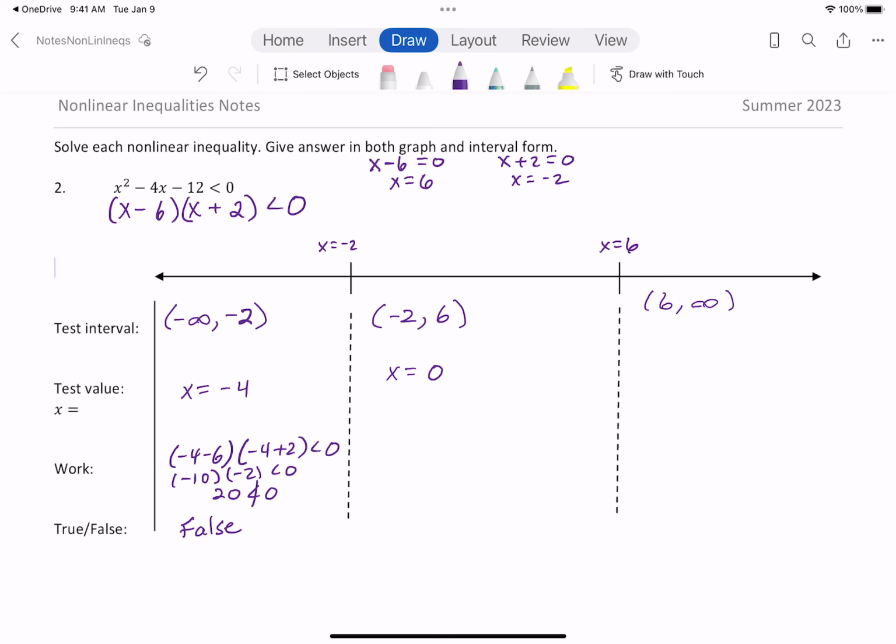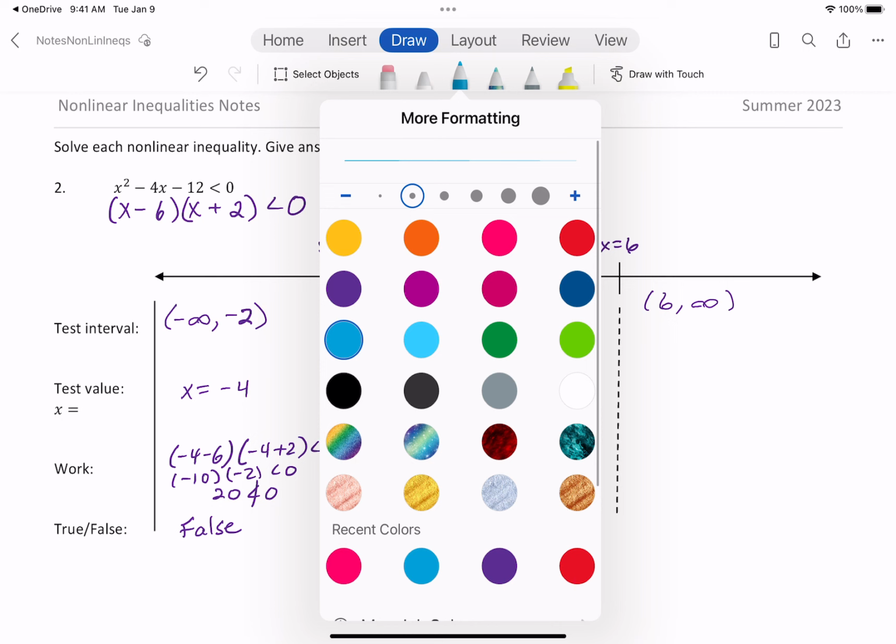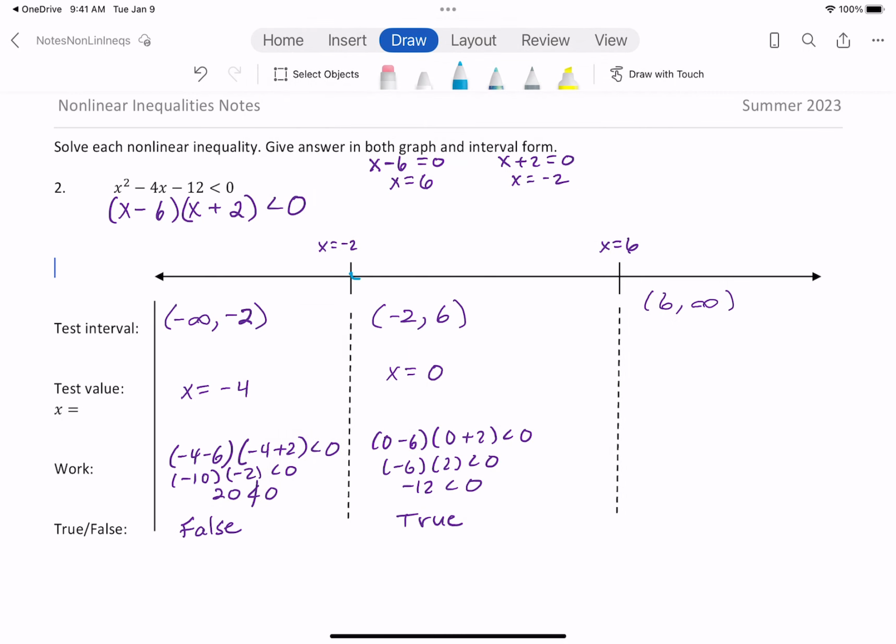Anytime 0 is available, I'm going to use that. If I plug in 0, I get -6 times 2, -12 less than 0. -12 is less than 0. So numbers in this region give me true statements, and that means they are solutions. So we're going to shade in between the -2 and 6.